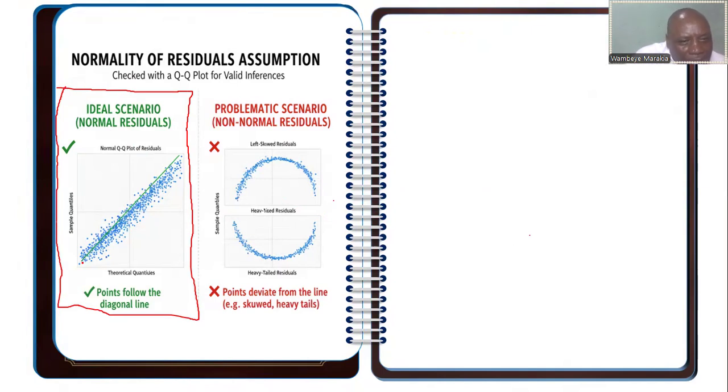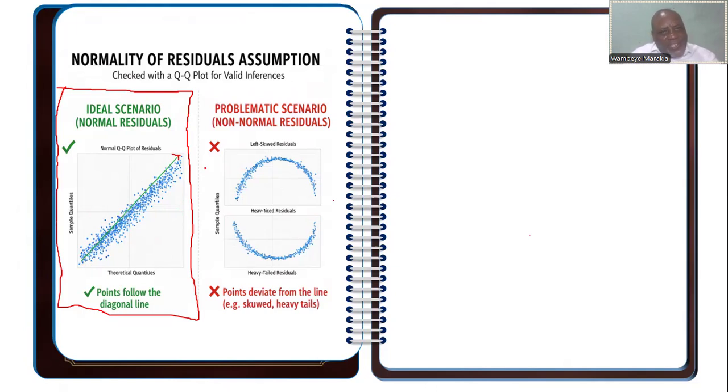You see you are able to draw a line through them. And this is what you call a normal or an ideal situation. If the data follows the diagonal line here, that one is good. The Q-Q plots are valid and they are checked properly.